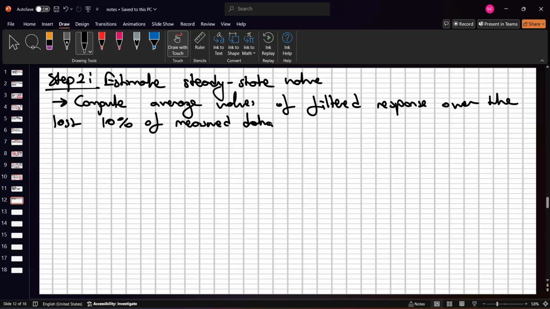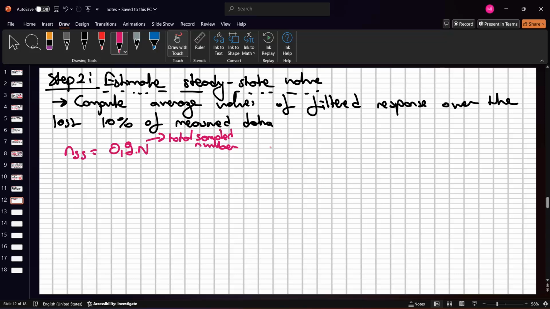For example, if we have 5,000 data points measured from the DC motor in a real-time application, we take the last 500 values, which indicate the steady state values. This is the correct formulation to contain these values. So how can we model it? N_ss is equal to 0.9 N, where N is the total sampled number.